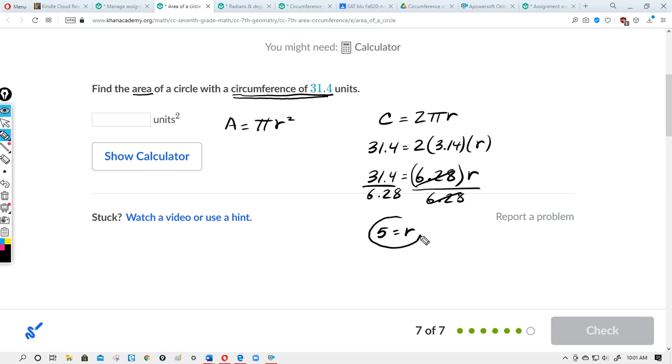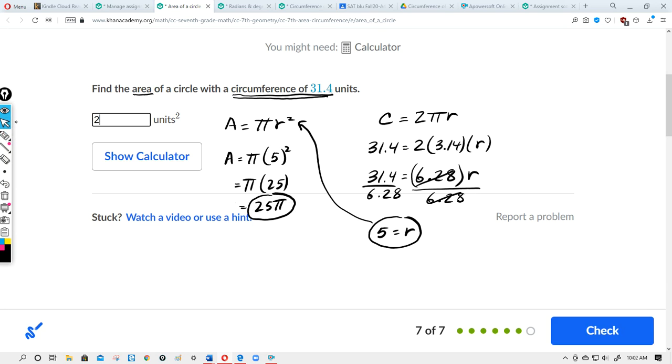So we're going to use r equals 5. And from this point, it's easy. The area is going to be pi times 5 squared, which equals pi times 25, which is just 25 pi. So I'm going to enter 25 pi.